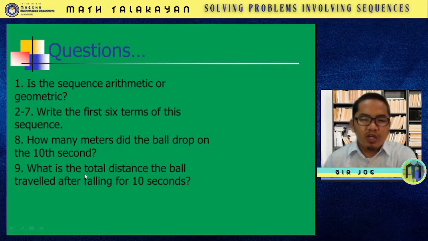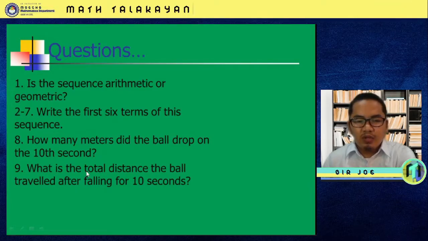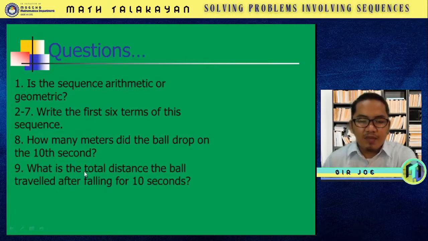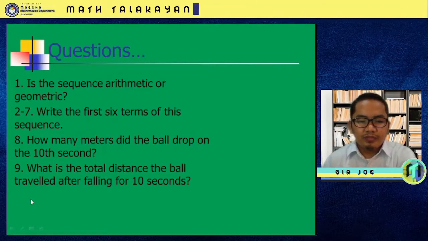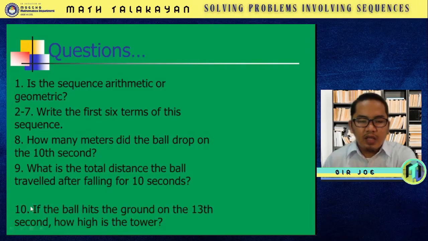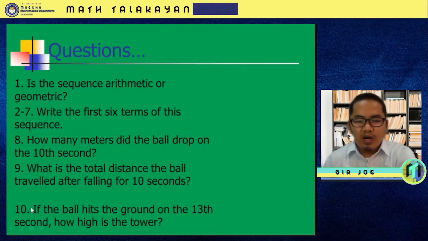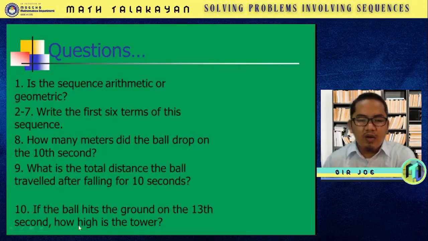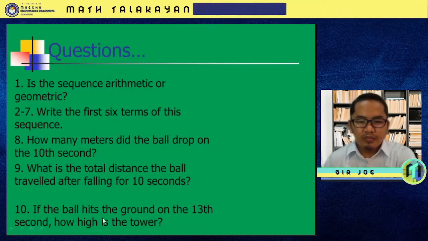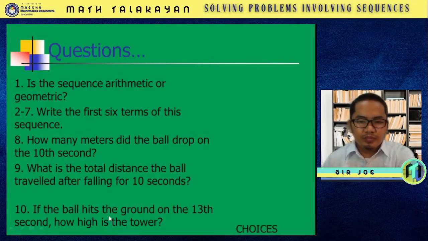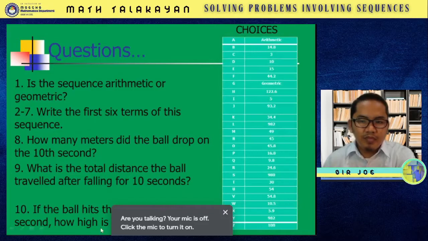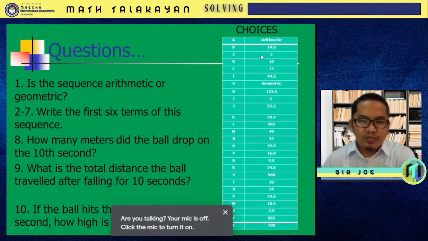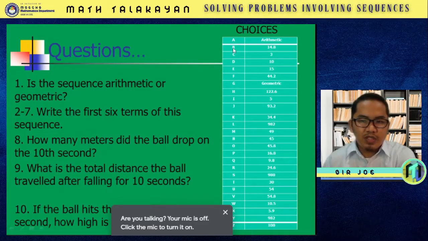Since we're talking about total, we're looking here for the S sub 10. And lastly, if the ball hits the ground on the 13th second, how high is the tower? So each answer corresponds to a letter.